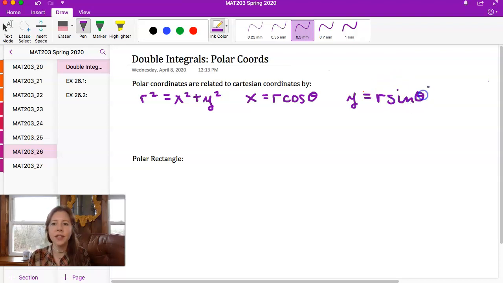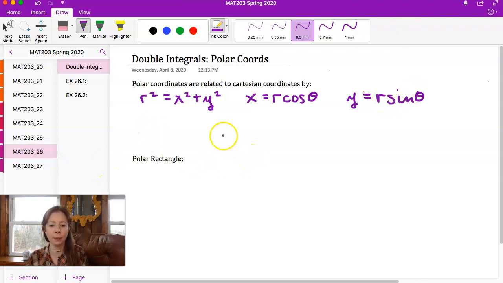And of course, in this case, theta is in reference to the angle you are from the x-axis, right? Because that would mean that it's the distance r, so some radius, times the cosine of that angle from the x-axis. So cosine will give you the x, and sine will give you the y coordinate.